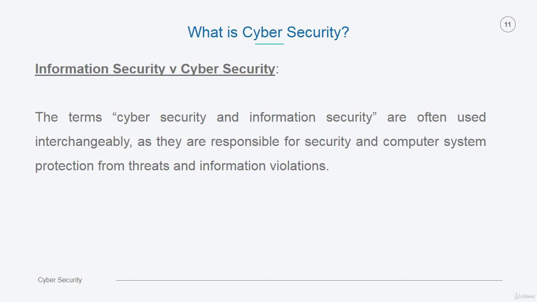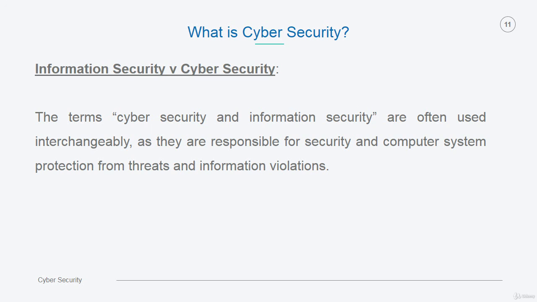So what's the difference between information security and cybersecurity? The terms cybersecurity and information security are often used interchangeably, as they are responsible for security and computer system protection from threats and information violations. However, there is a difference, which is that information does not have to be on a computer to be in need of an information security system.